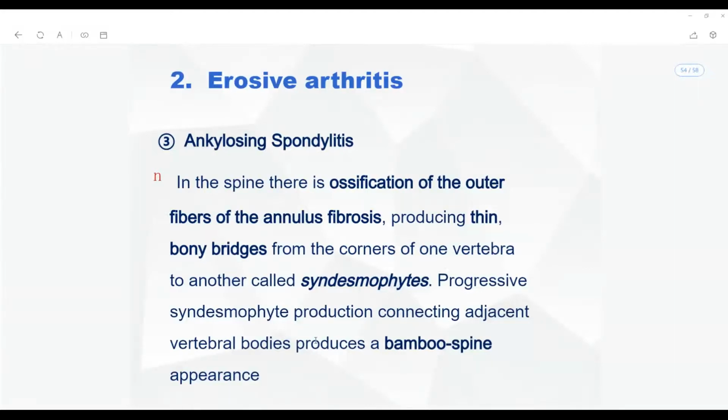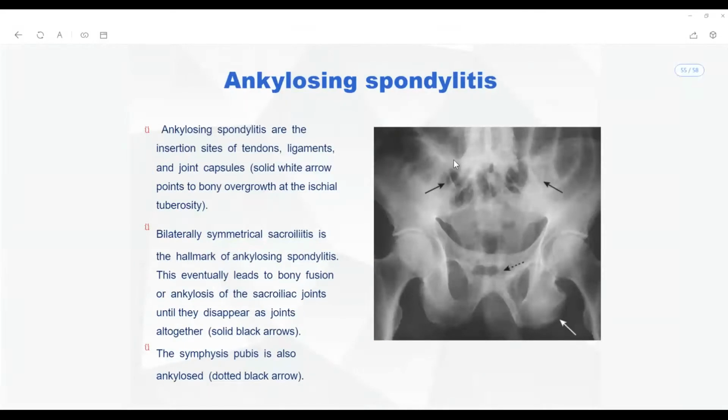Let's see what exactly it is. You see here, the sacroiliac joint, which has to be present down here, has completely disappeared. There is no clear differentiation of the sacrum and the ilium here, right? So we can understand that the insertion sites of all the tendons and ligaments of the joint capsules, this is the area where the tendons and ligaments have to be inserted, all of them have increased density along this area.